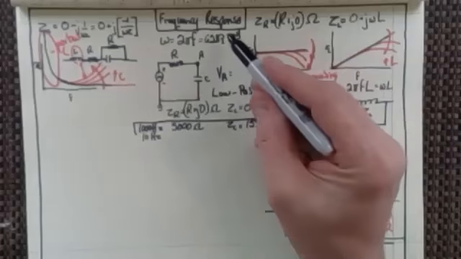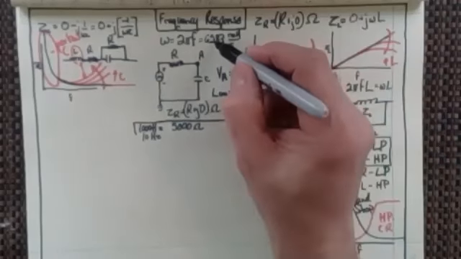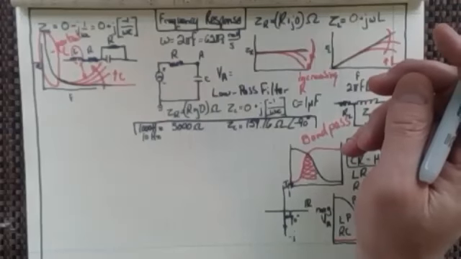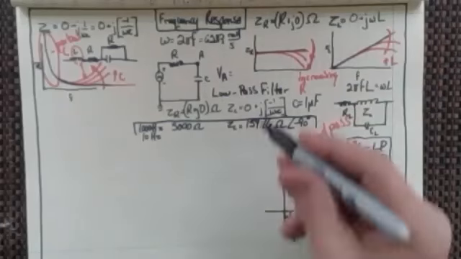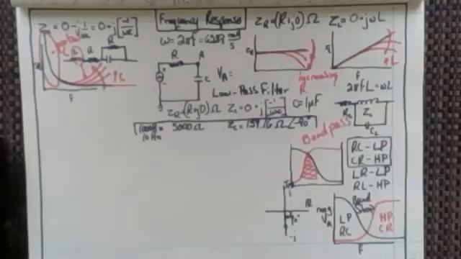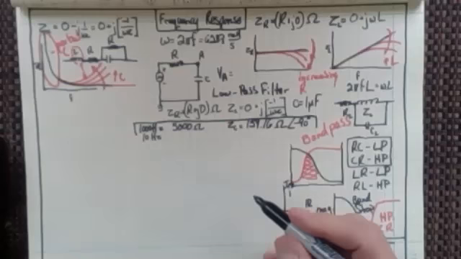Oh, wait, no, I'm sorry. So 10 times 2 pi is going to give me 62.83 radians per second. So 62.83 times 1 microfarad, and then taking 1 over that gives me 15,916.